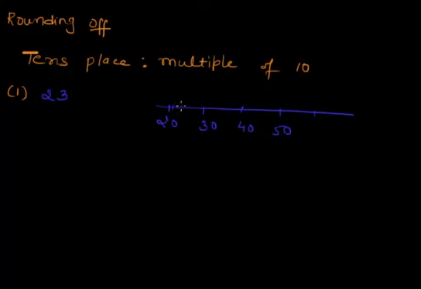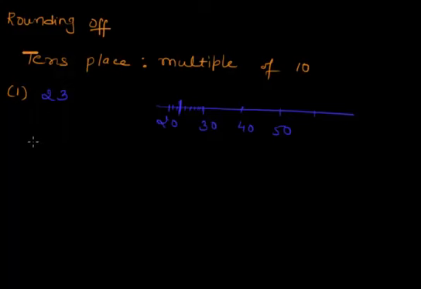If I divide it into 10 portions, 1, 2, 3, 4, 5, 6, 7, 8, 9, then 23 is here and it is more close to 20 than 30. So rounding off 23 means bringing 23 closer to a multiple of 10, that is 20. Instead of using 23, I'll round it off to 20.